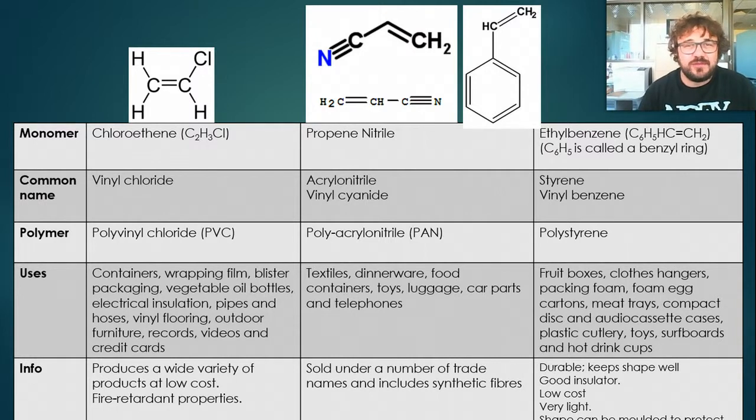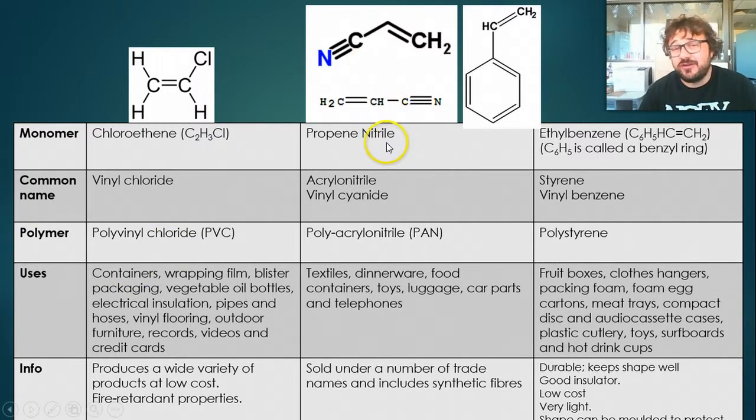It's actually probably one of the more commonly used plastics that you're thinking of, like bottles, vegetable oil bottles. They're all going to be polyvinyl chloride. It's got very wide properties, but we'll see those in a second. So it produces a wide variety of products, and they are fire retardant generally.